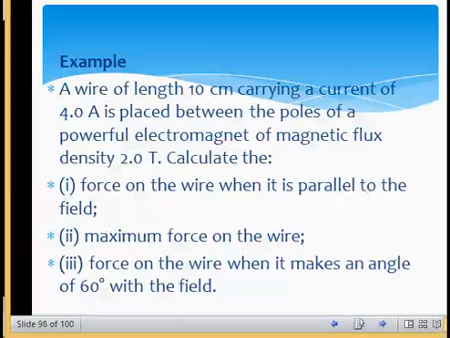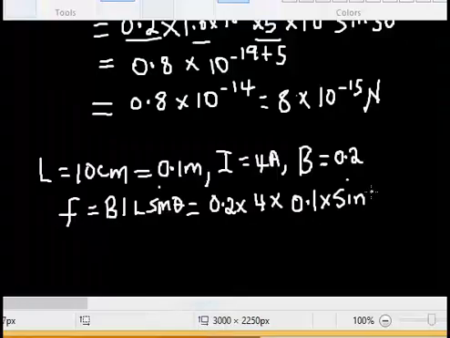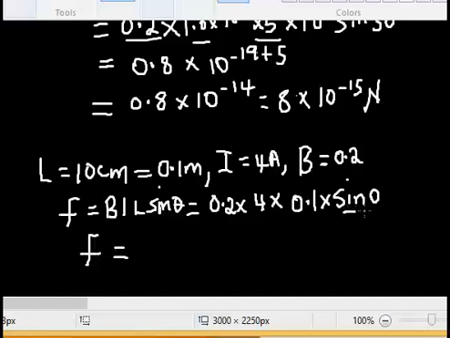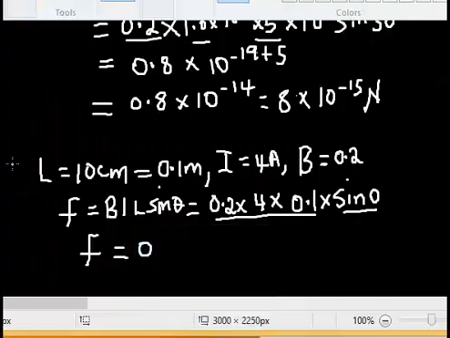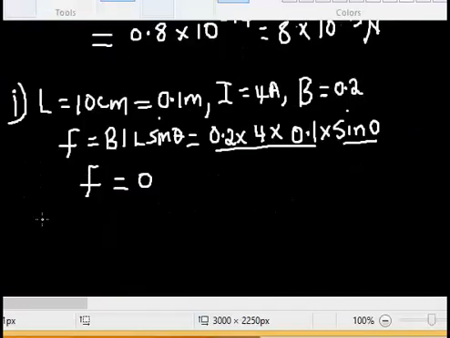When it is parallel, that means the angle is 0. The angle between parallel lines is 0, and sine 0 gives me 0. So everything multiplied by 0 is 0. So the force is 0 when the conductor is parallel to the magnetic field. When the magnetic field and the conductor are parallel, the force experienced by the conductor is 0.